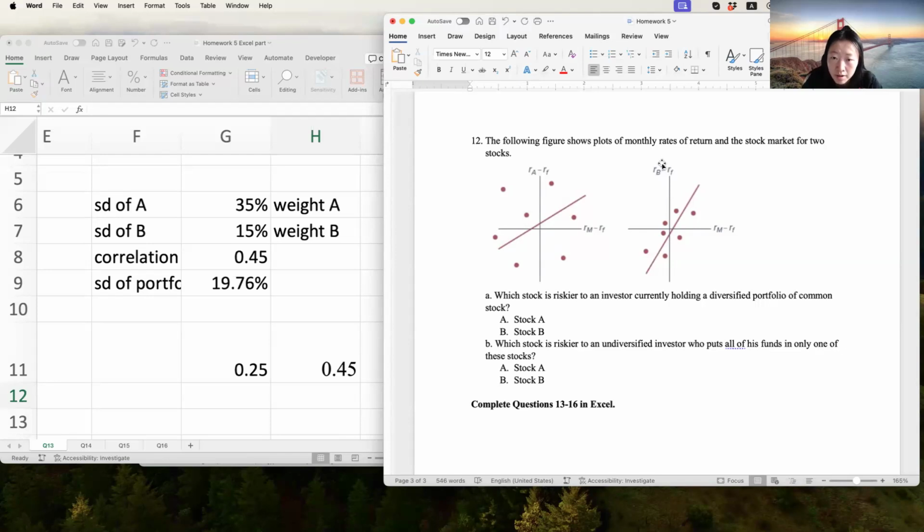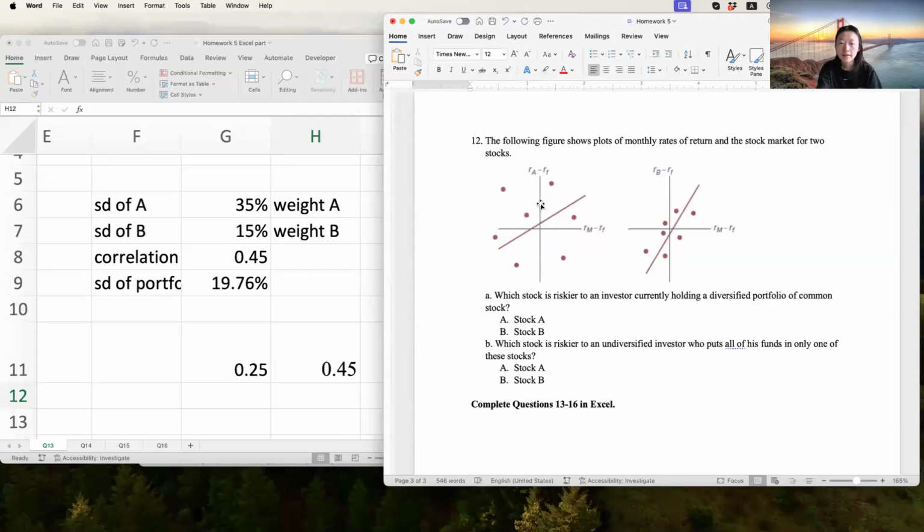The y-axis is RB minus RF, capturing the excess return of stock B, and RA minus RF captures the excess return of stock A.